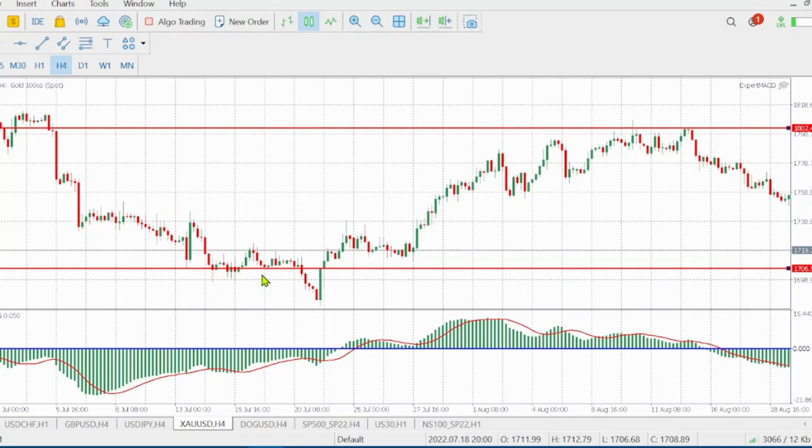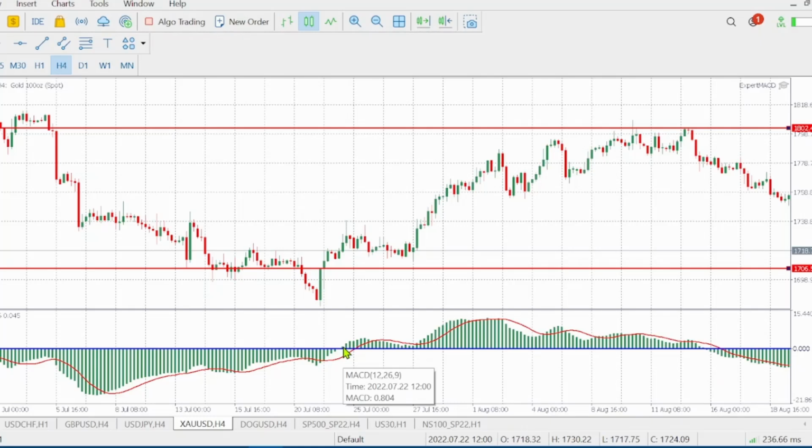Now, this is the zero line here. When the MACD is on the zero line, it indicates that the market is indecisive, so do not take a long or short trade.